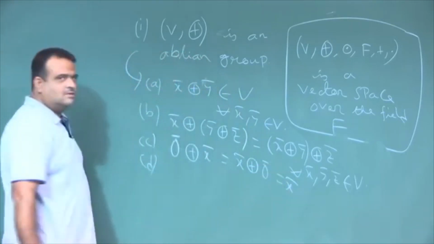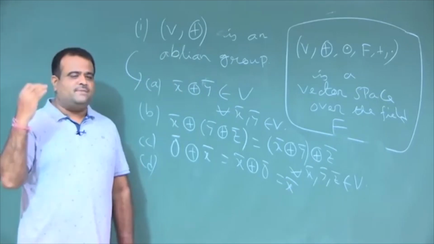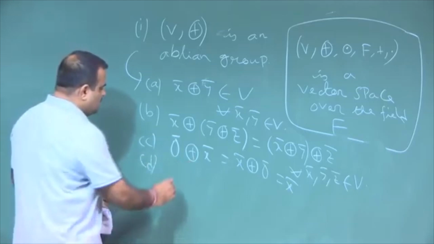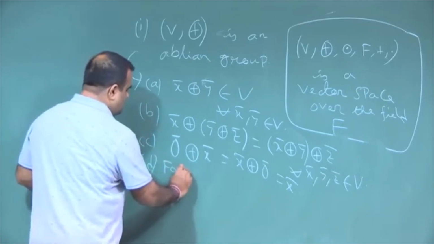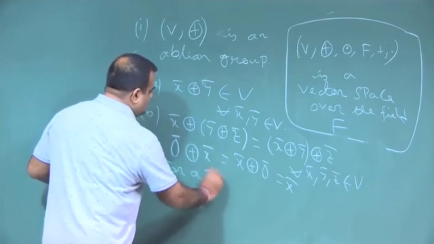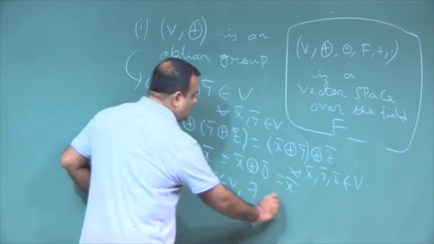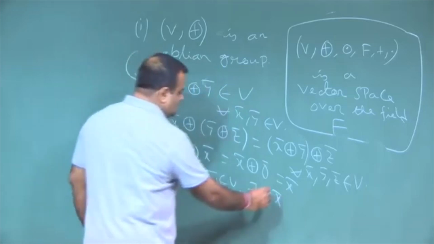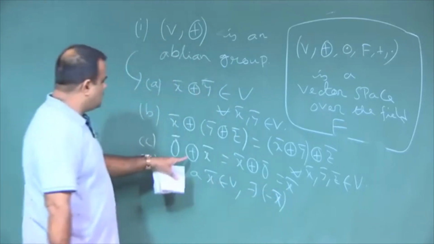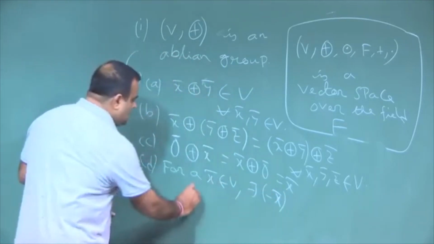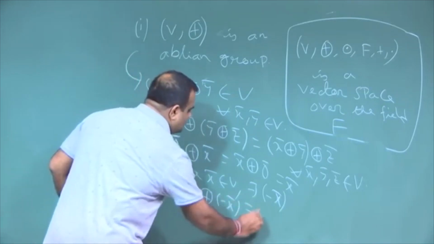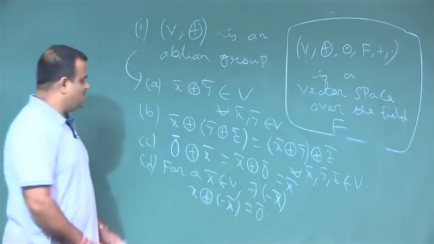And inverse. Every element must have an inverse under this operator. So for x there must exist a minus x, we can say minus x is the symbol for the inverse, because this is in an additive sense, such that x plus minus x is equal to the 0 vector, the identity element.